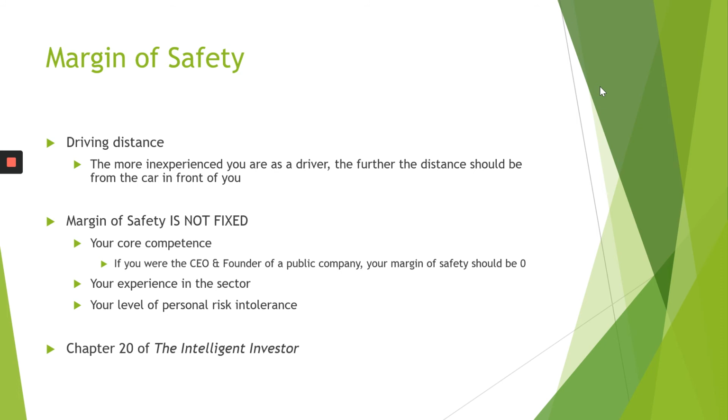If you were to give yourself any margin of safety, you would be saying, look, I just don't know this business, which is my business, the one I own. And if you're in that position, you probably shouldn't be the owner of the business. So the further away you get from that position, the larger your margin of safety should be.